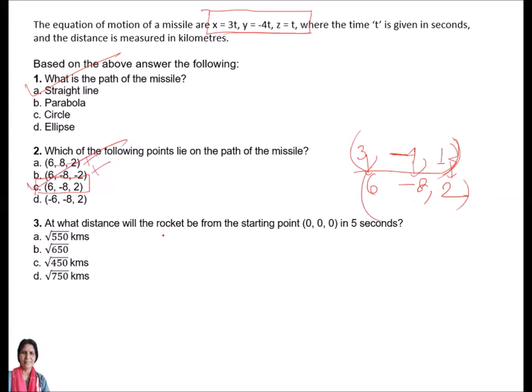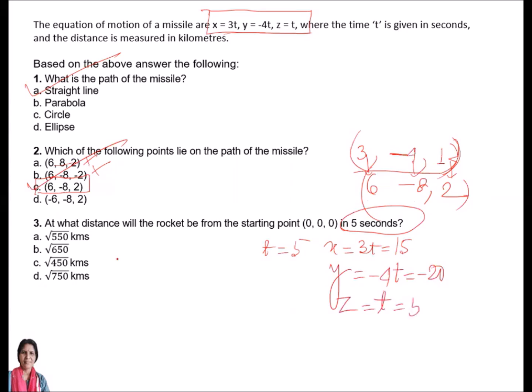At what distance will the rocket be from 0, 0, 0 in 5 seconds? So t is equal to 5. When t is equal to 5, x is equal to 3 times t, means 15. Y is equal to minus 4 times t, that means minus 20. And z is equal to t, that means it will be 5. So the distance from 0, 0, 0 will be the square root of x square plus y square plus z square.